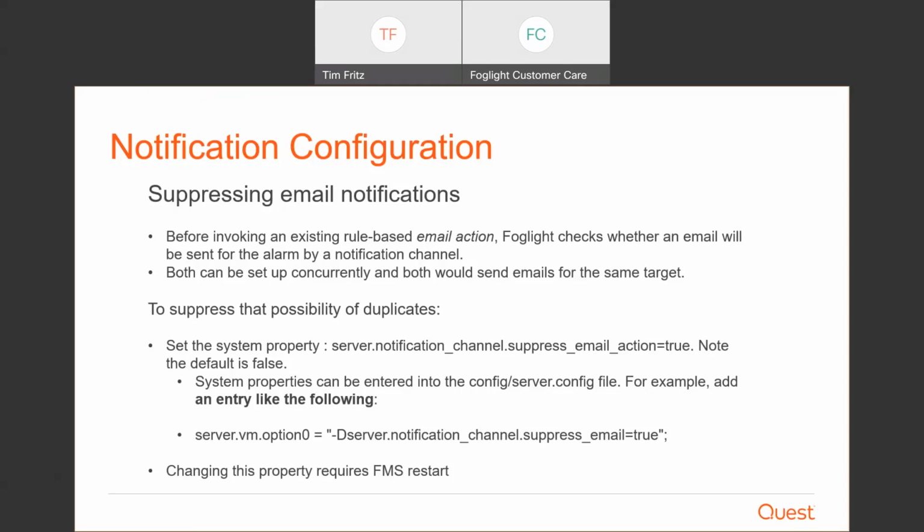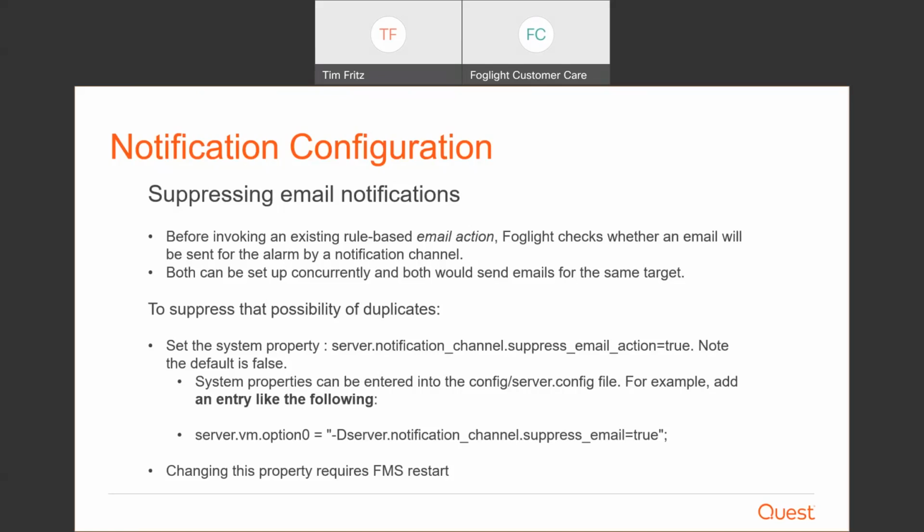You're going to set a system property called server notification channel suppress. And the way to make that happen is shown second line from the bottom. There's the line you're going to put into the config/server.config file on your FMS, and that's going to suppress the email actions.